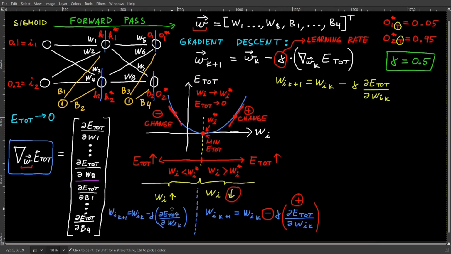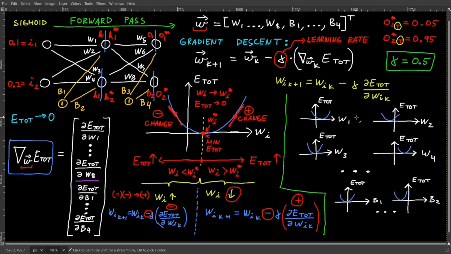On the other hand, on this side, the derivative will be negative, but you also have a minus sign here, and the two minus signs will give you a plus sign, which means that this equation will increase the weight, bringing your total error closer to 0. As you can see, this gradient descent equation gives me exactly what I want on both sides. On the right side, it decreases the wi, which is what I need, and on the left side, it increases it, which is also what I need.